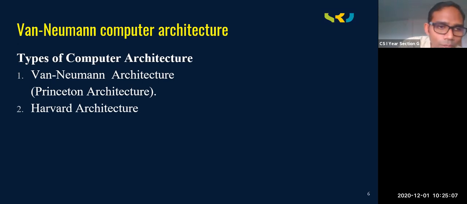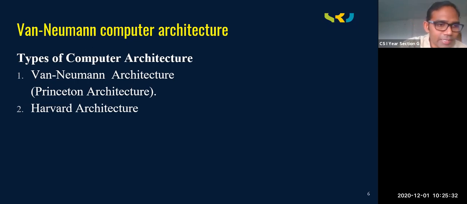Now, what exactly is von Neumann architecture? Von Neumann architecture shares the control signals and data signals in a common memory location, data signals as well as control signals in the same memory. Whereas Harvard architecture has separate memory for control signals and separate memory for data signals.